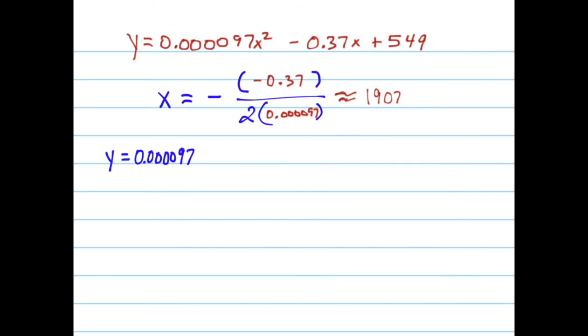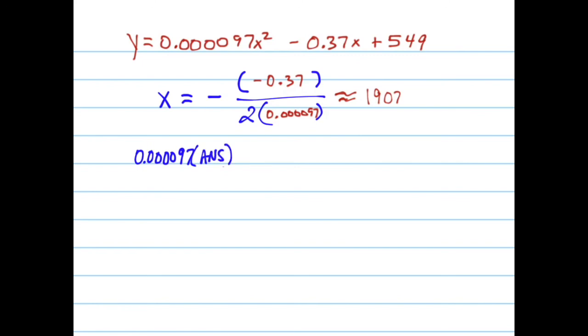So hopefully you're accurate with your graphing calculator. Now, instead of putting in 1907 and squaring it, use the answer button on your calculator. That 1907 should be the last answer you put in your calculator. So what you want to do is enter 0.000097 and then answer.